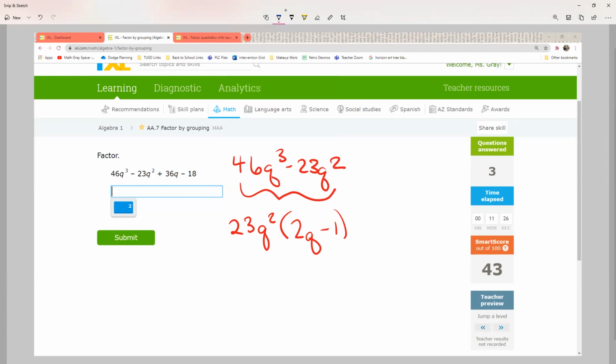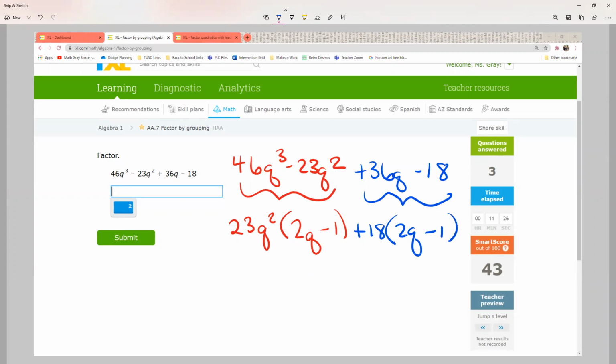And then if I do the same thing with that, positive 36q minus 18, I can take out a positive 18, which is going to leave behind a 2q minus 1. The answer is 2q minus 1, and then 23q squared plus 18.